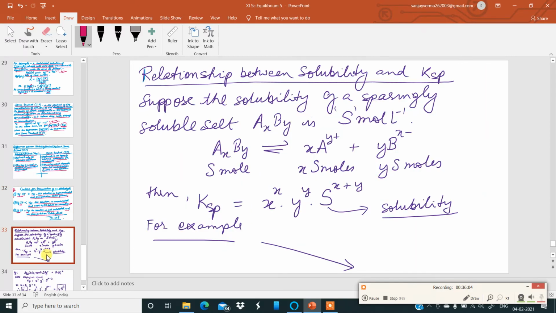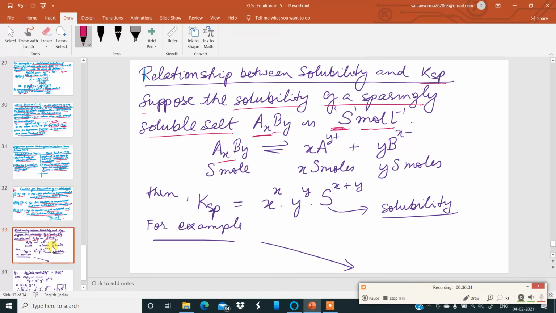Then coming to the next slide, a very, very important relationship, the relationship between solubility and solubility product. Suppose we take the solubility of a sparingly soluble salt, say AxBy, to be S, capital S. Let the solubility of this salt be S moles per liter.